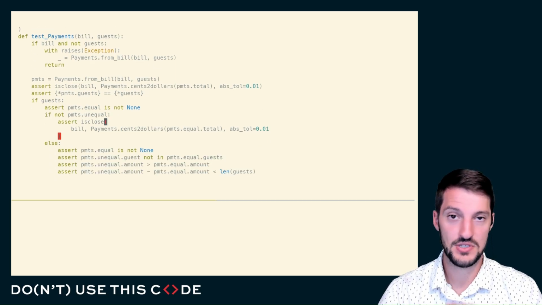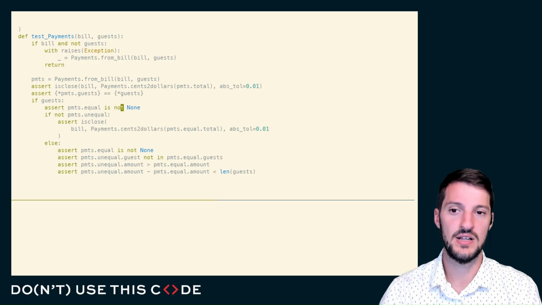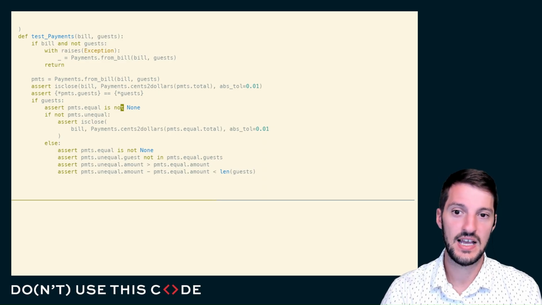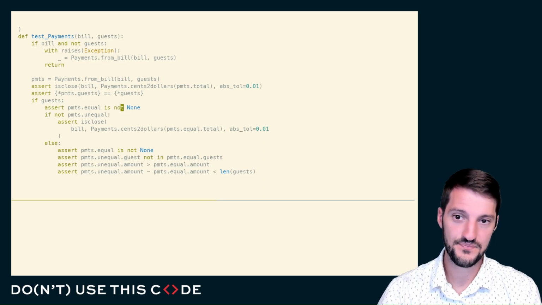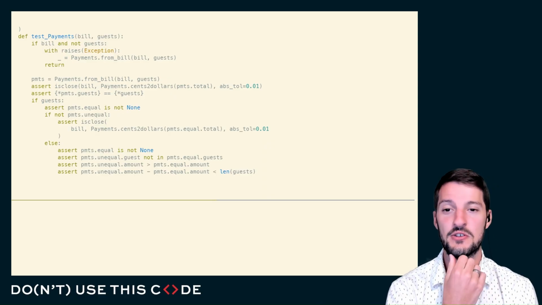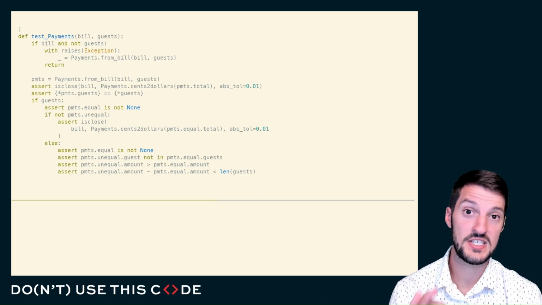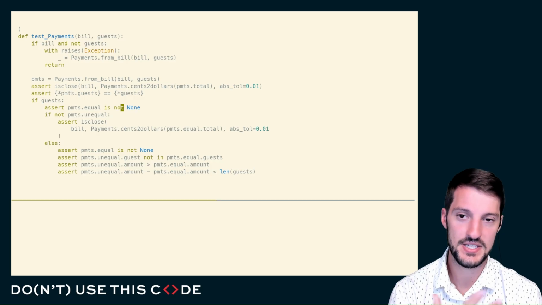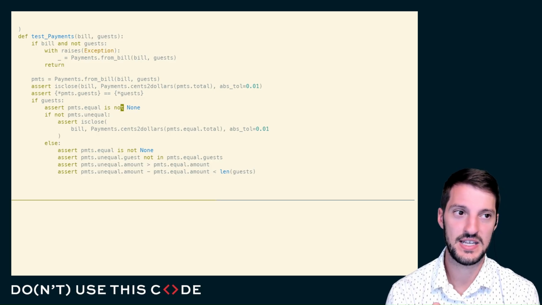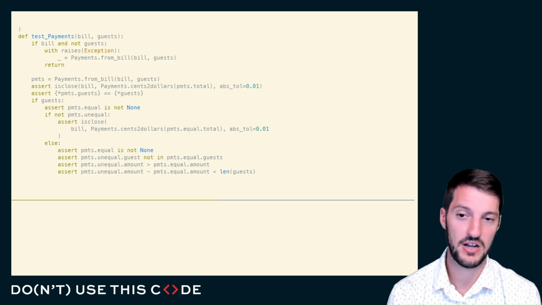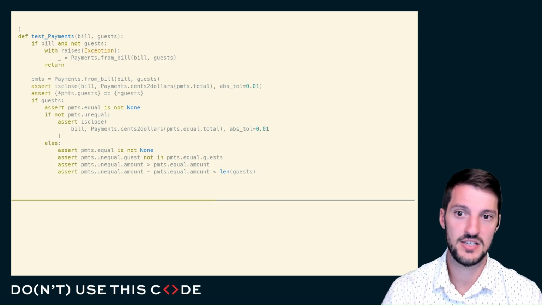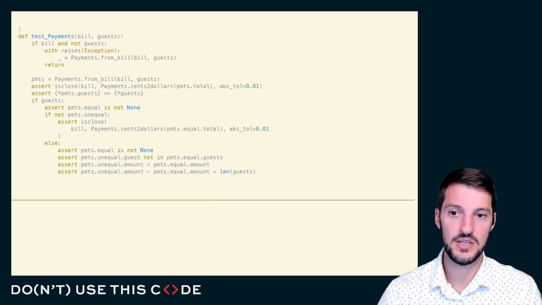Then I can introduce modalities into my test, and I can say, well, if I do have guests, I'm going to assert that our equal payments is not none, meaning we have some equal component, and this is to effectively say that the equal portion of our object was created and instantiated. Then we can go even further than that.